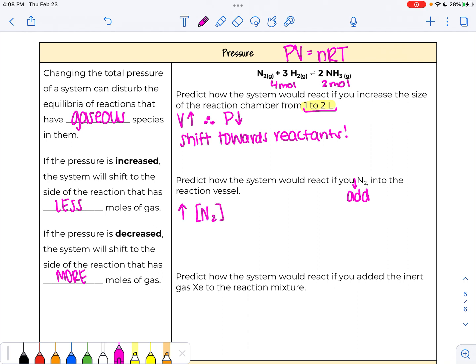We're going to be increasing the concentration of N2 in our system. So if I'm increasing the amount of N2, it's going to shift towards the products. This is going to counteract the shift. So increase concentration of N2, therefore reaction shifts to products to relieve the stress.